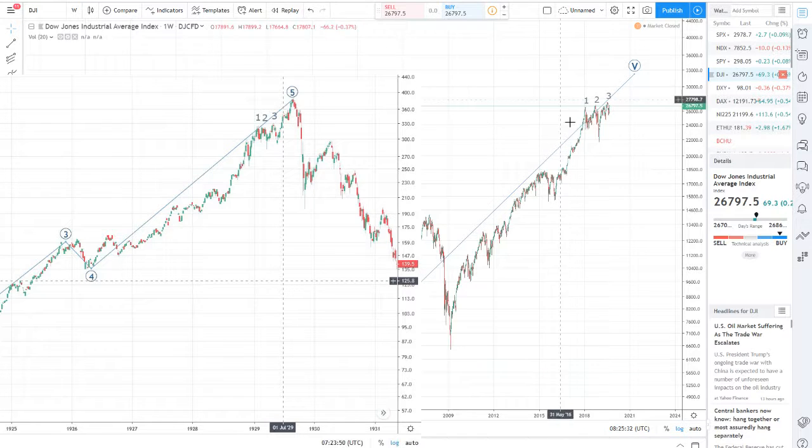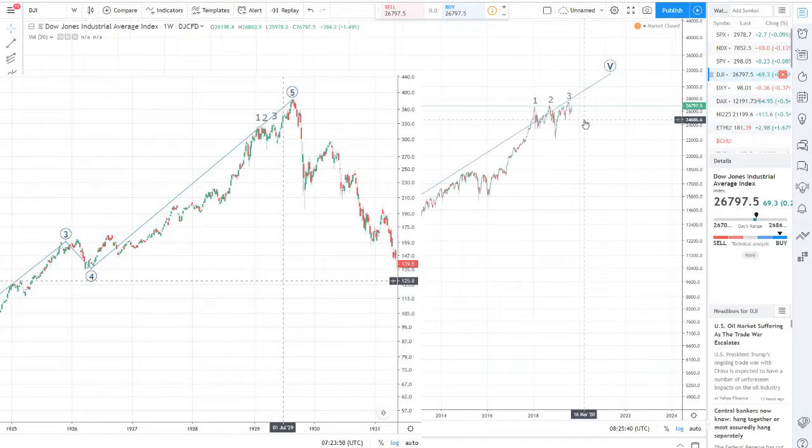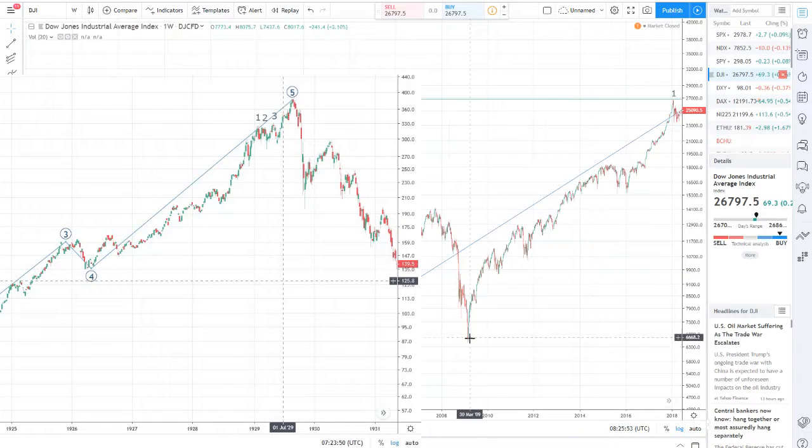On the right here we have the current chart going to 2019, and you can see in the last year the stock market didn't continue to rise as much as it did before, since we had the last recession here.